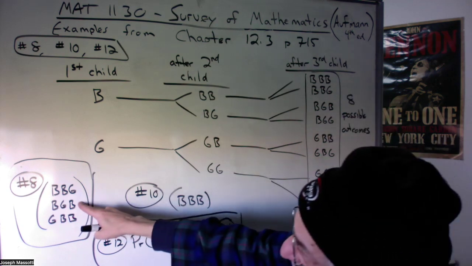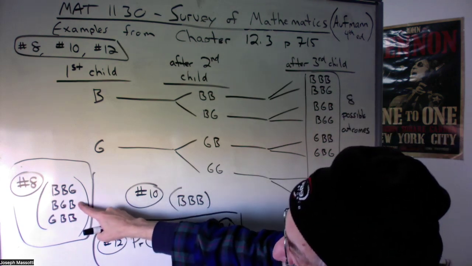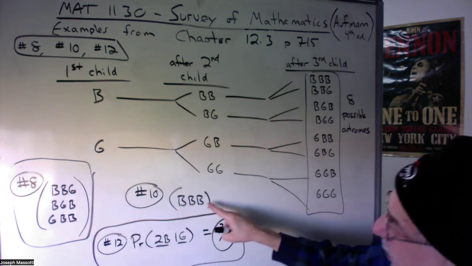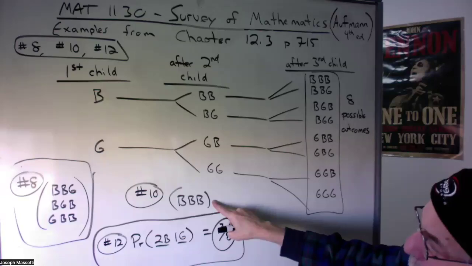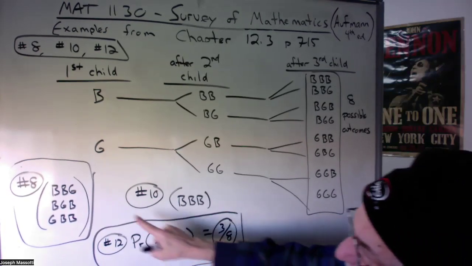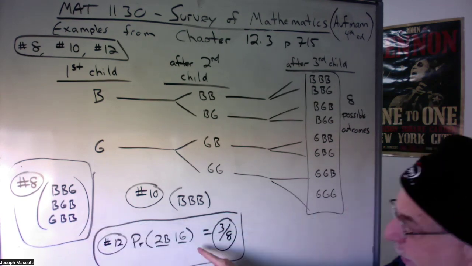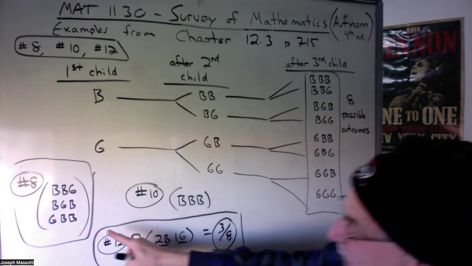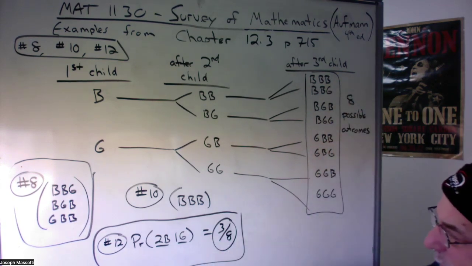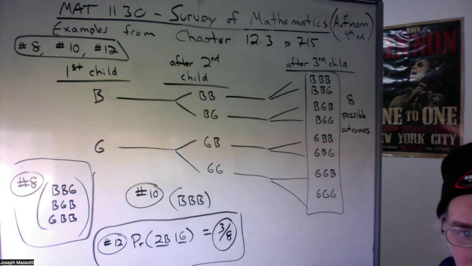The sample space for having 2 boys and 1 girl after 3 children is this. The sample space for having all 3 boys is only 1 outcome. And number 12 is the probability of getting 2 boys and 1 girl, which is 3 possibilities out of the 8, giving us 3 out of 8.